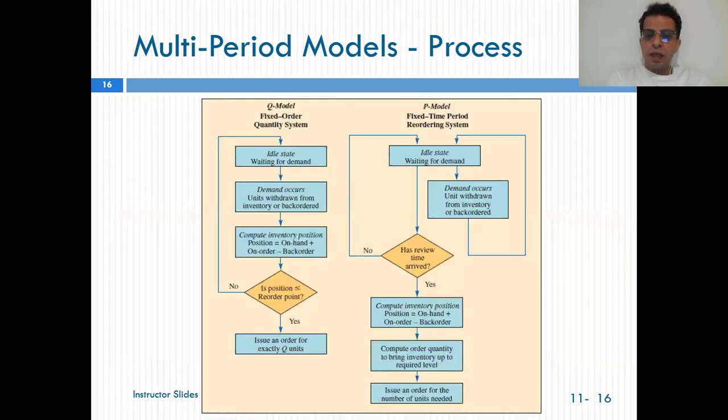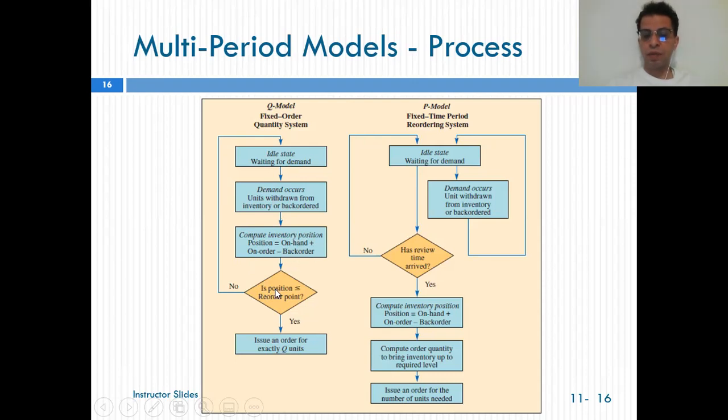So the process is like this. In the Q model or fixed order quantity system, it is in an idle state waiting for the demand, and when the demand occurs, a unit is withdrawn from the inventory or back ordered, and then you compute the inventory position, which equals on hand, what you have, plus on order, minus back orders.